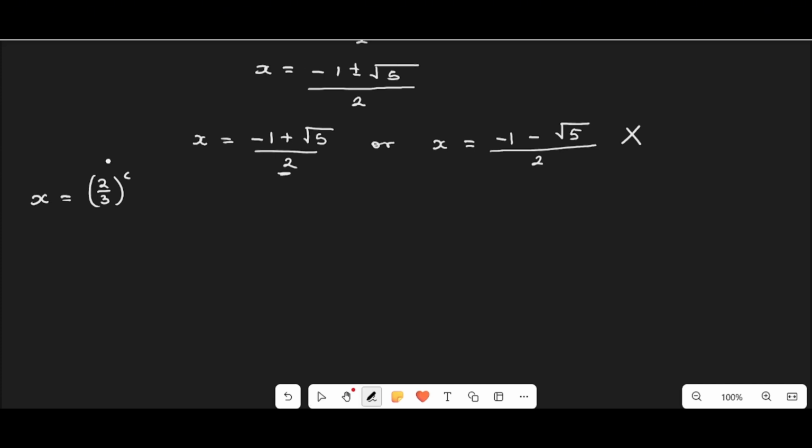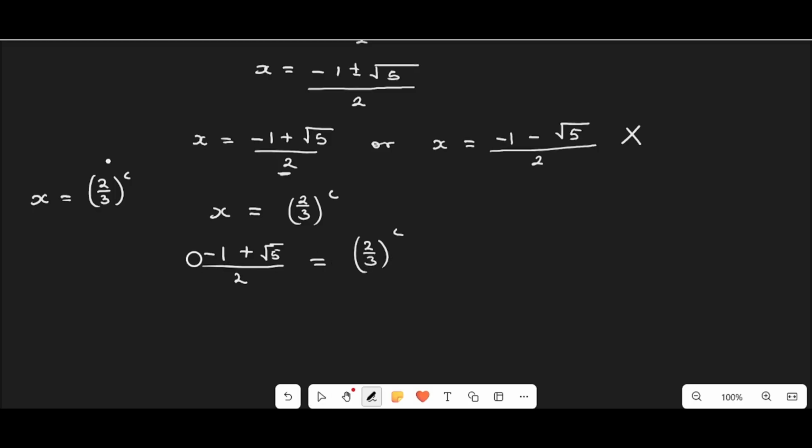So we know that x equal to 2 over 3 raised to power c. Let us substitute this value into this equation. We can say -1 plus root 5 over 2 equal to 2 over 3 all raised to power c.